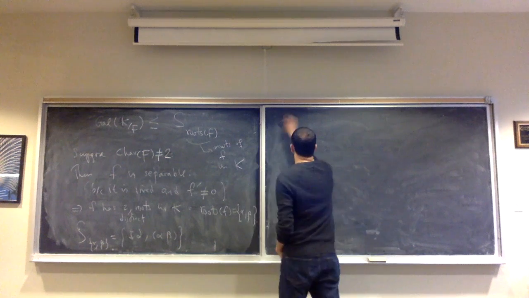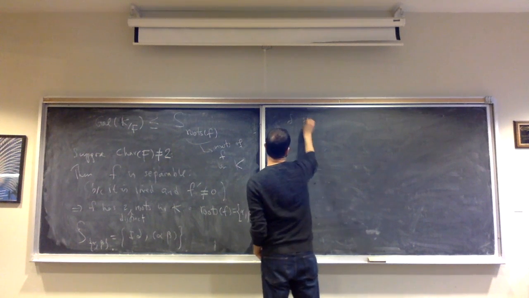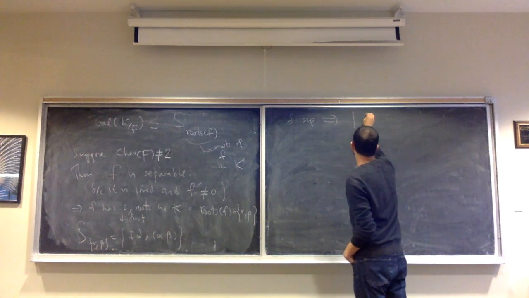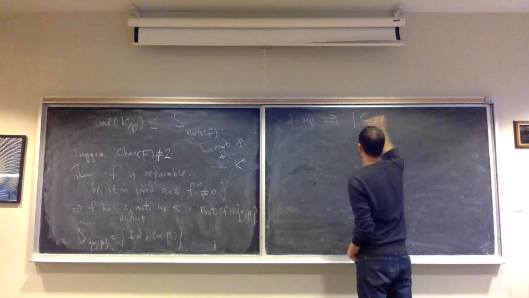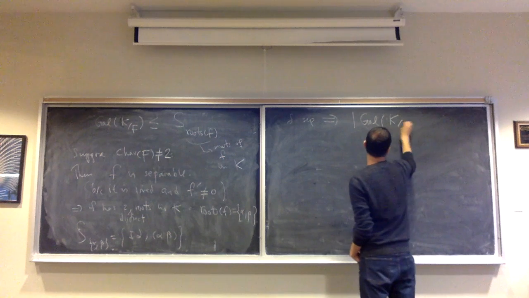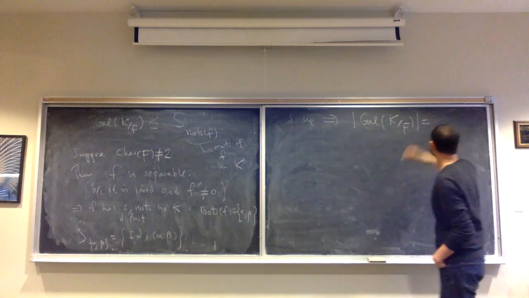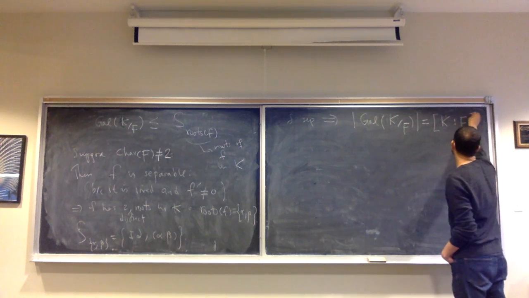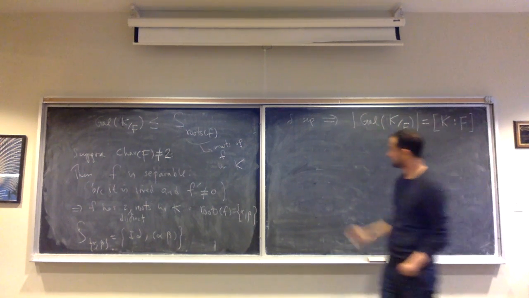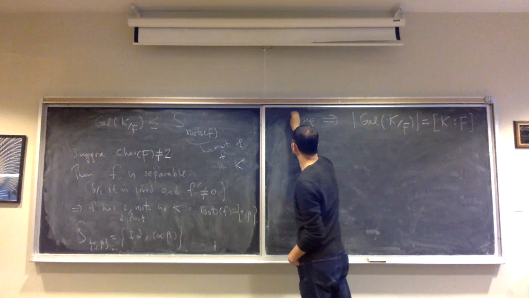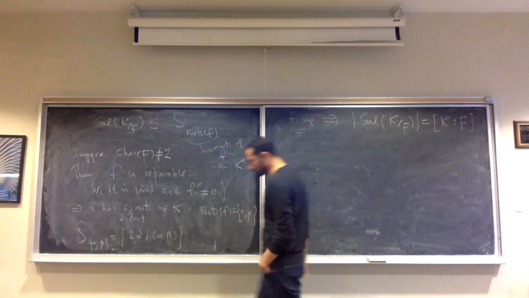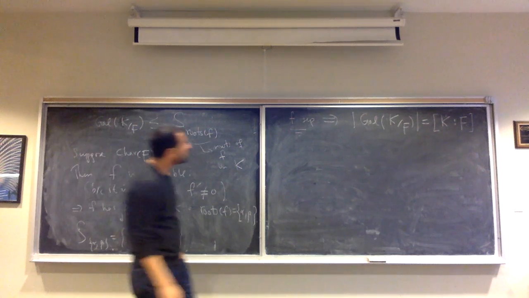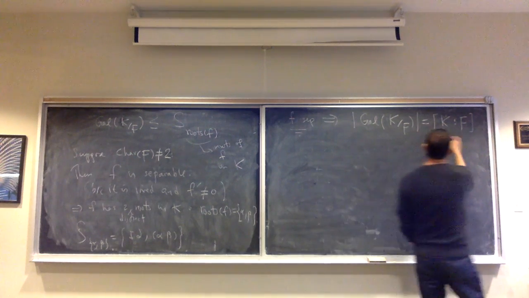Then f separable implies that the number of elements of the Galois group of the splitting field of f over F is equal to the degree of K over F. The fact that f is separable is absolutely crucial. So the number of elements of the Galois group is the degree of K over F.